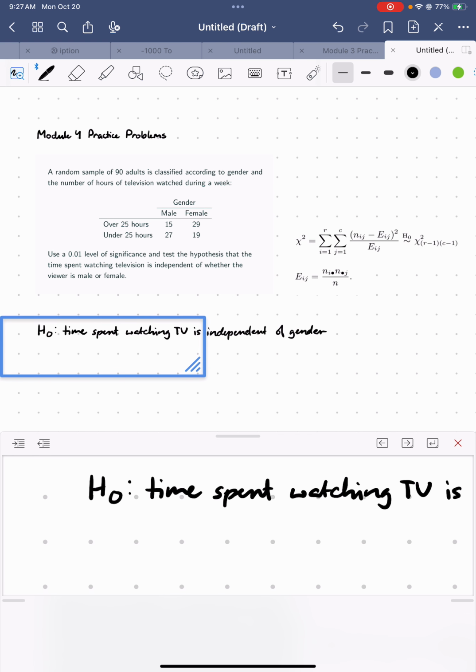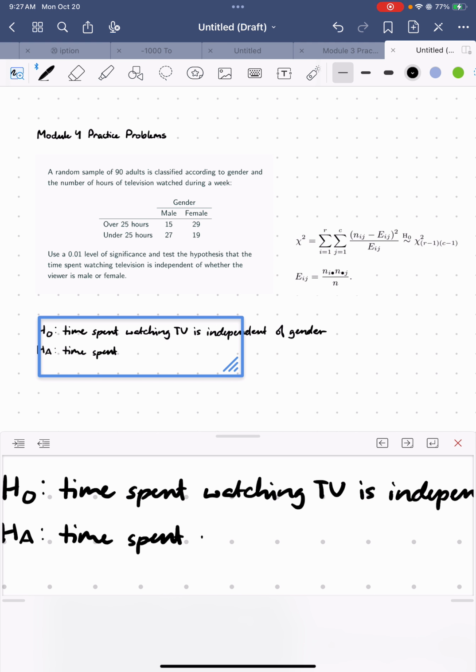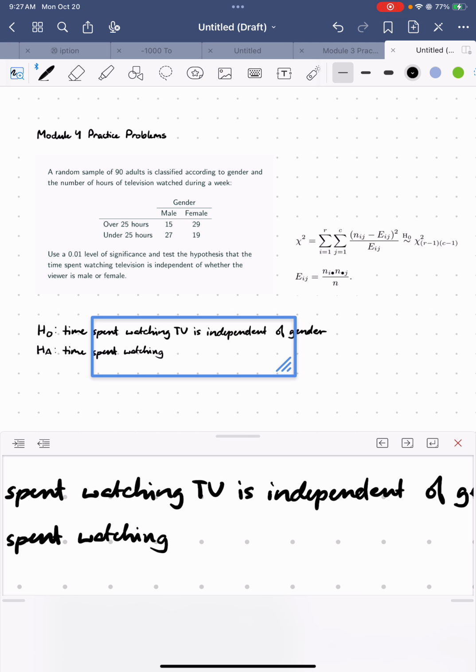And then our alternate hypothesis is the opposite. So this is time spent watching TV is dependent on gender.